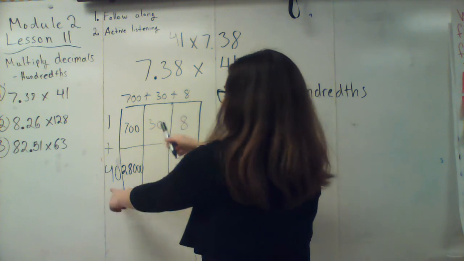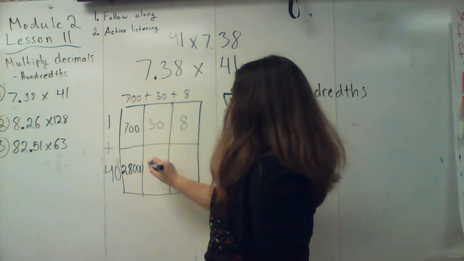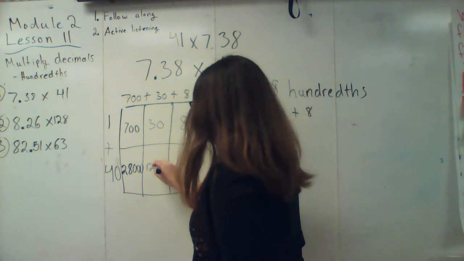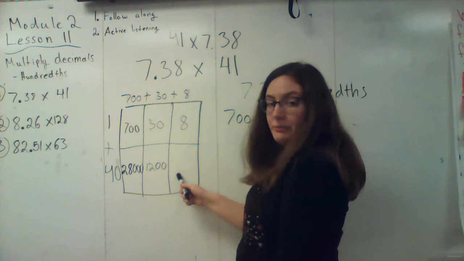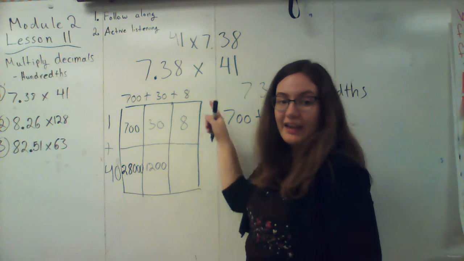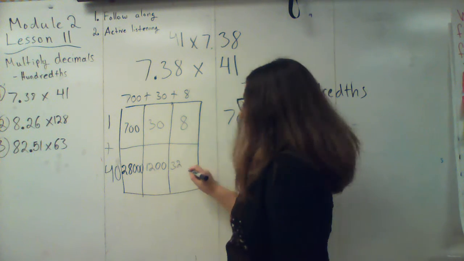And then I'm going to do 30 times 40. I'll put those down here. So 3 times 4 is 12, and then I have 2 zeros that are added. Then I need to multiply 8 times 40 and put that answer here. Bring them together. 8 times 4 is 32, and then I add the 0.